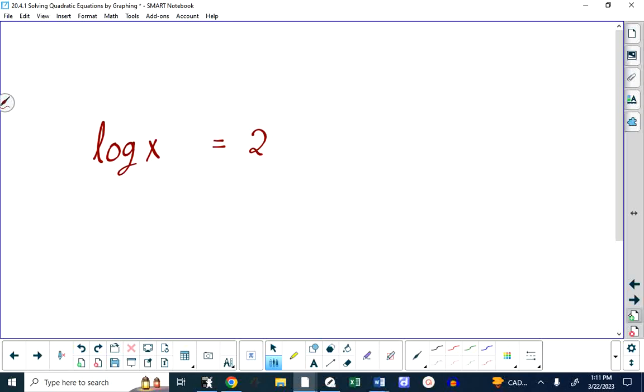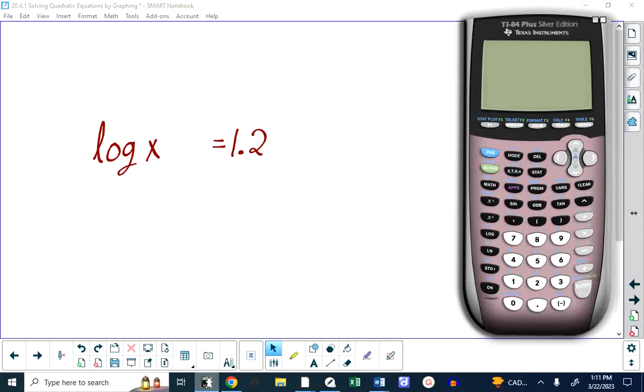You have no idea how to solve that equation. You don't, okay? Because you don't know what log, I'm going to actually change this to 1.2. Okay, I'm just thinking ahead about what this is going to look like. You don't know how to solve that. You're trying to find a number, and I'm not going to explain what log means, but there's a log button on your calculator.